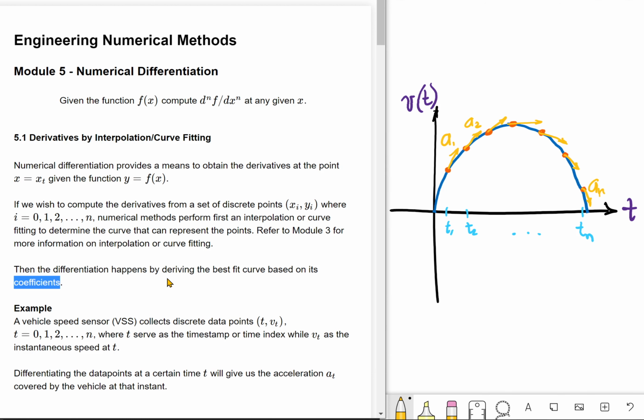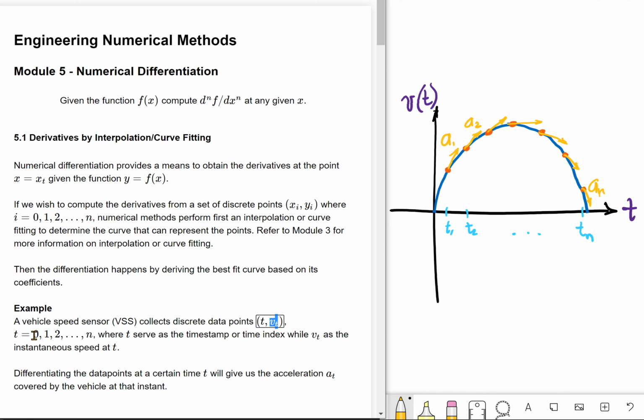So before we go to that, let's try to understand an example of the derivatives by interpolation or curve fitting. So here, a vehicle speed sensor collects discrete data points, okay, so time and also the velocity or the speed.